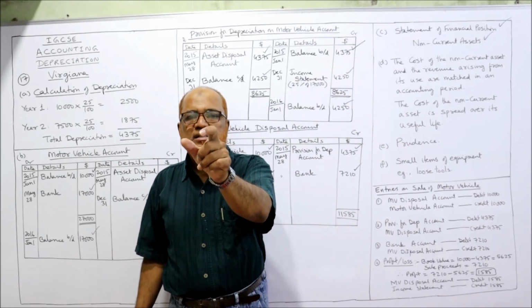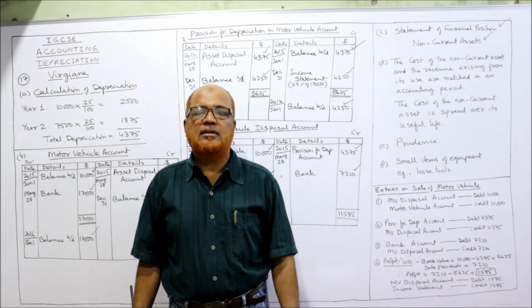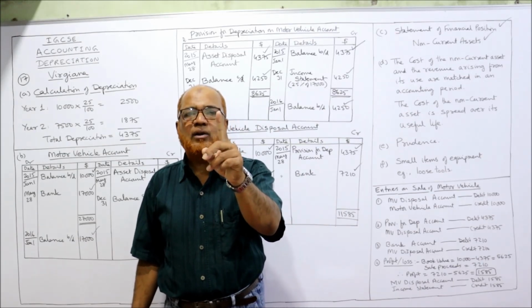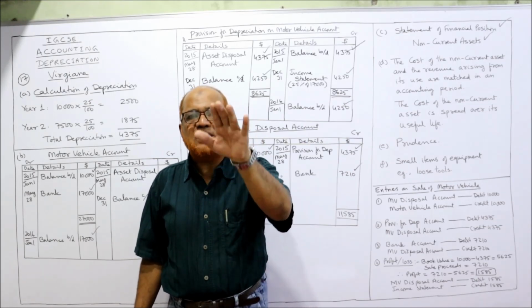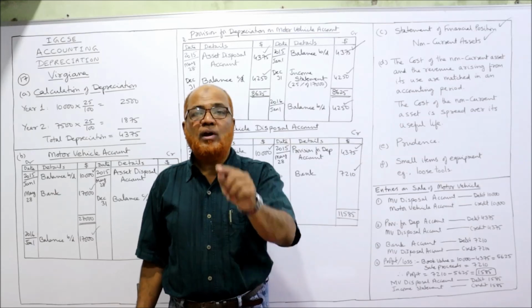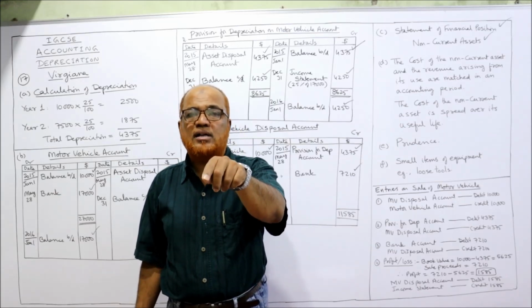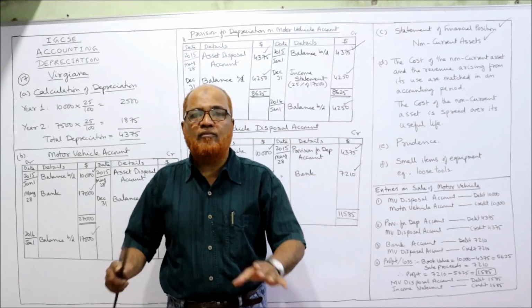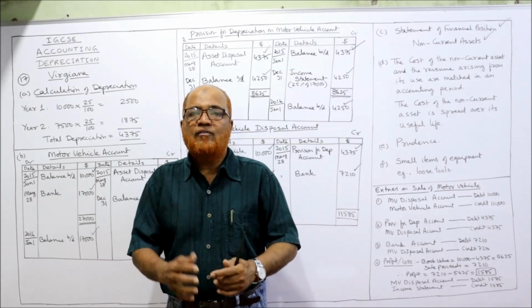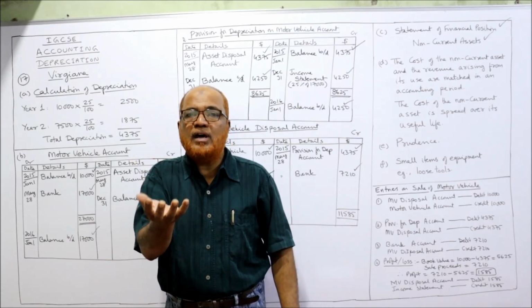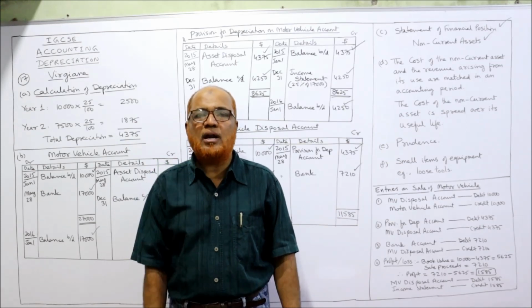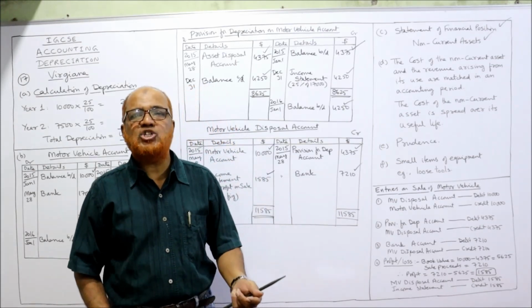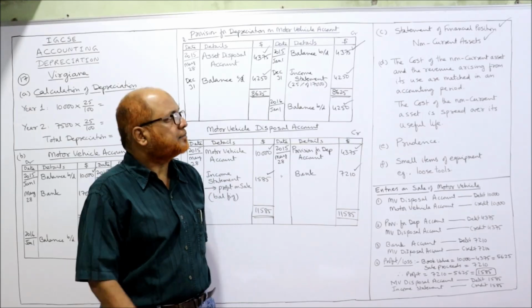So $10,000 divided by 10. That means every year $1,000 value will be consumed. $1,000 value of the non-current asset will decrease. So we have to take that $1,000 against revenue. We will match, because for earning the revenue, we are consuming the non-current asset. That is the matching principle, accrual.